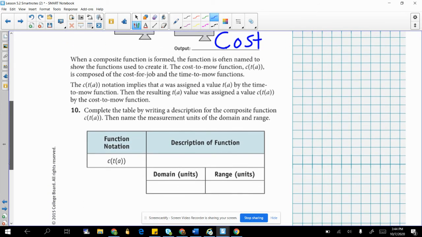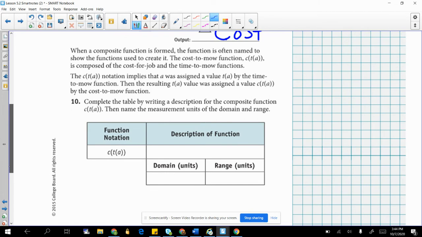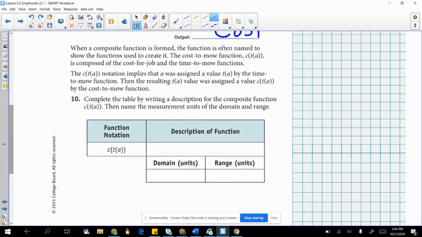So when a composite function is formed, the function is often named to show the functions used to create it. So the cost to mow function, C of T of A, is composed of the cost per job and the time to mow functions. The C of T of A notation implies that A was assigned a value, T of A, by the time to mow function, and then the resulting T of A value was assigned a value, C of T of A, by the cost to mow function.